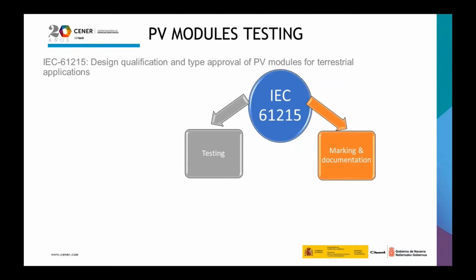One of them is related to marking and documentation, a very important section of the standard, where it states the label, the electrical parameters that must appear on the label of the module, and also all the information that the manufacturer must provide in the instructions manual for installation and operation of the PV module. And then the other important part of the standard is the one that describes the testing.